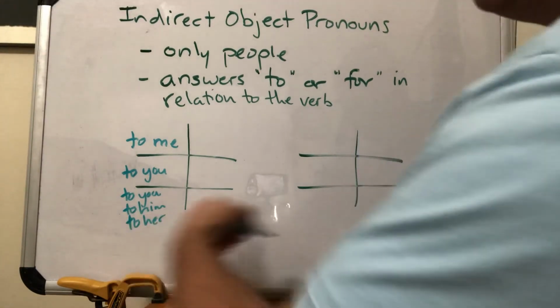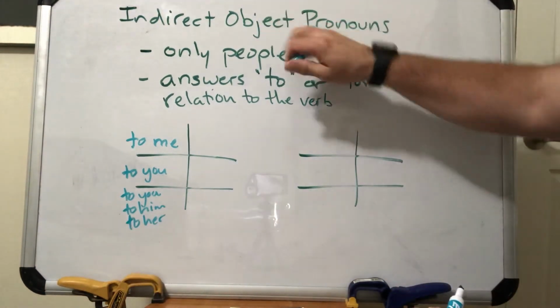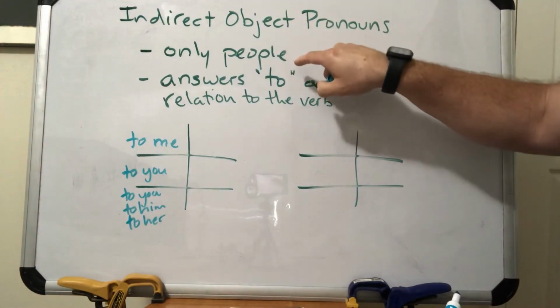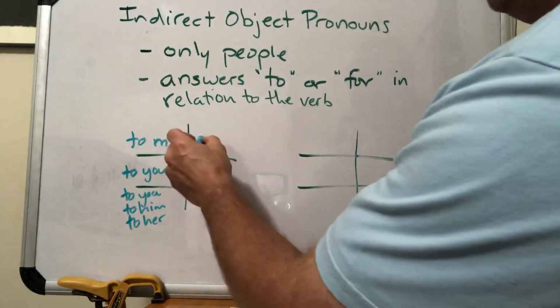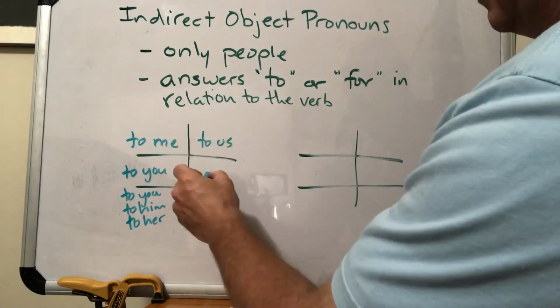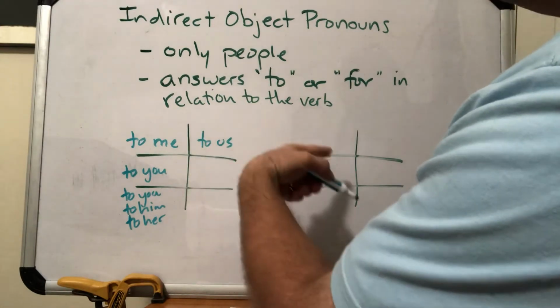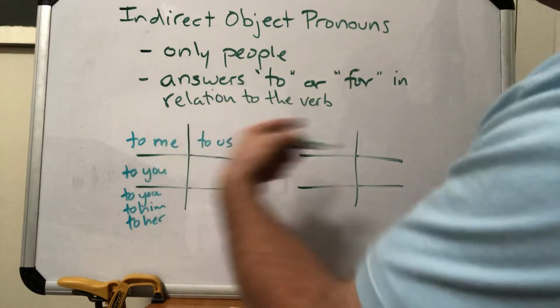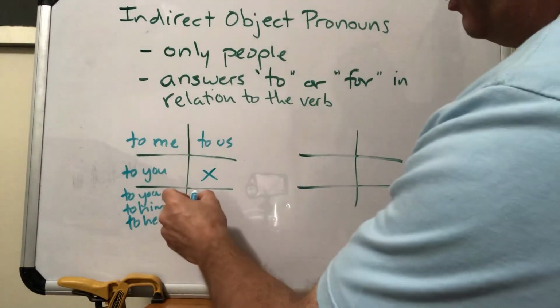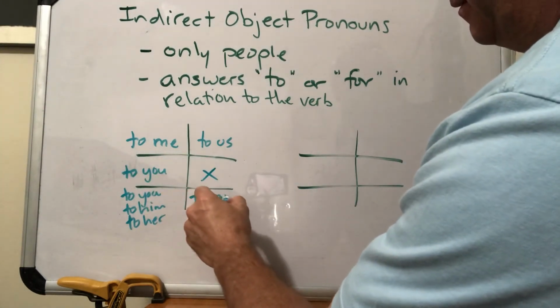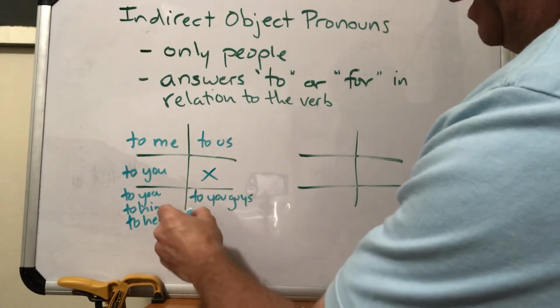The only one I didn't add was it, right? Because indirect object pronouns can only be people. They can't be things, and so we don't put the it there. To us, and again, this to could also be the word for. I just wrote the to in there to remind us that you have to have one of those words in there. To you guys, and to them.